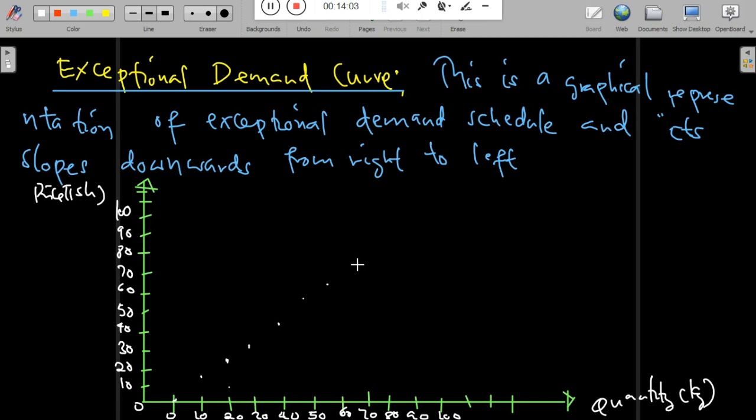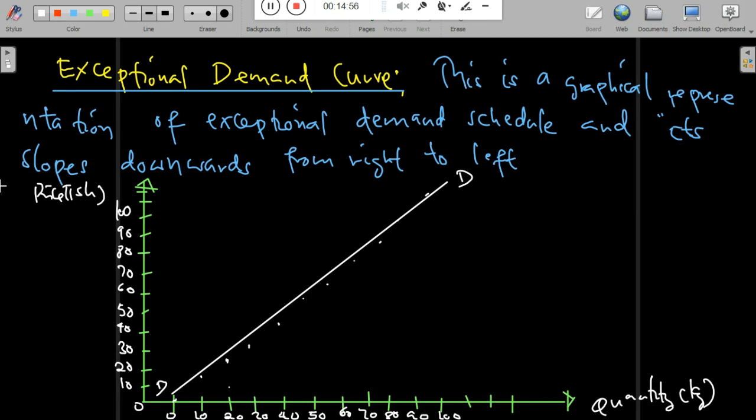When you sketch out the points, we sketch 10 from the quantity to a price level of 10, 20 to the point of 20, 30 from the kilogram quantity to a price level of 30, 40 to 40, 50 to 50. So you observe the graph will be going upward.